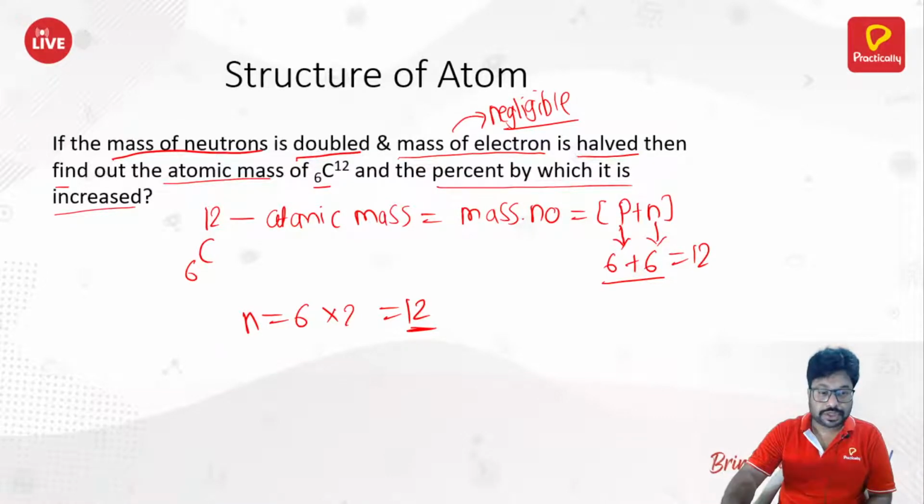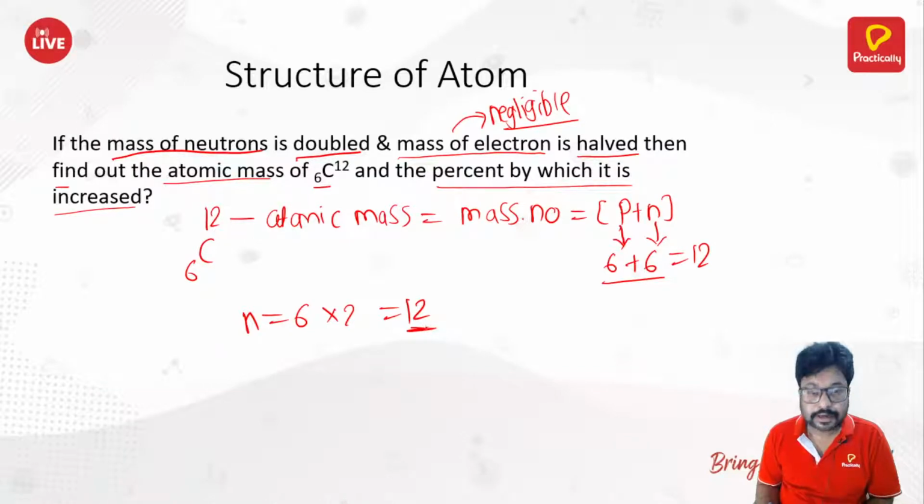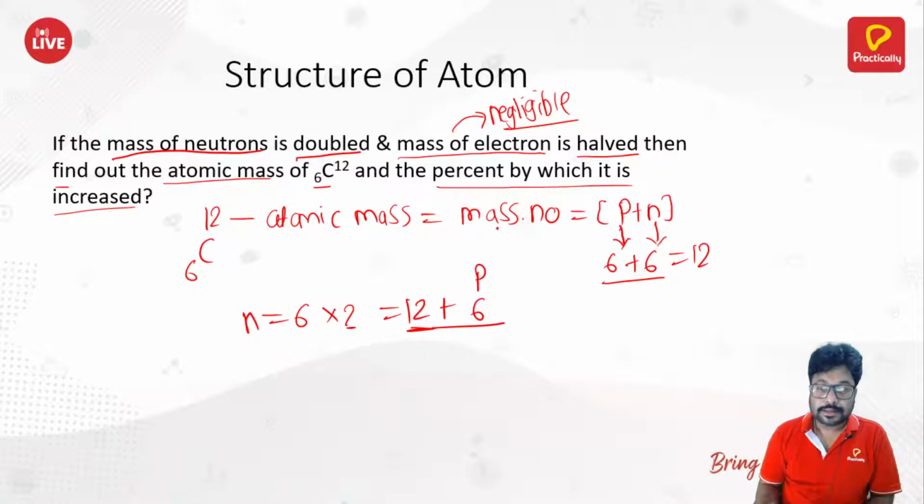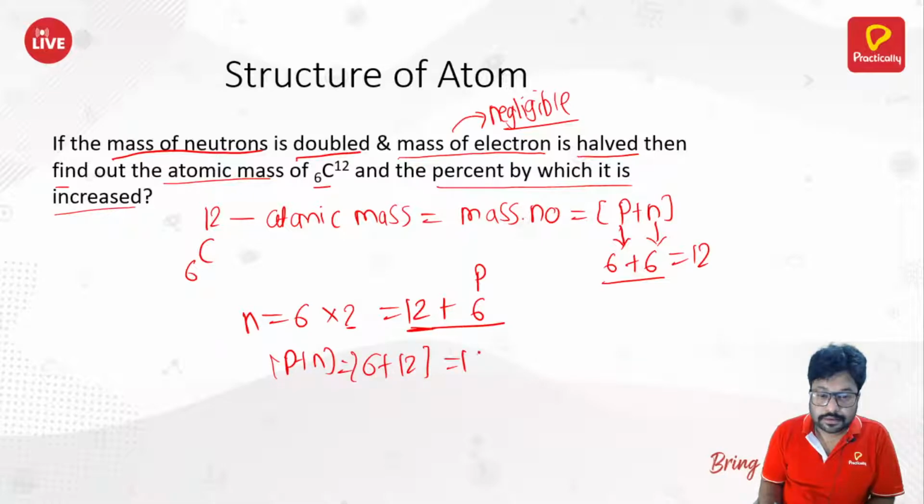So for the new species, number of neutrons are 12, right? Mass of neutron is double, so 12 neutrons are there. And number of protons are still 6, right? Now 12 plus 6, which is p plus n, so 6 plus 12 is equal to 18.